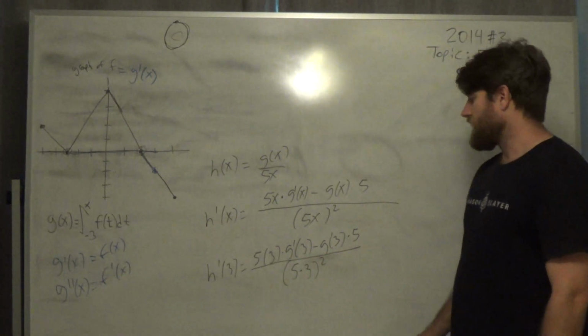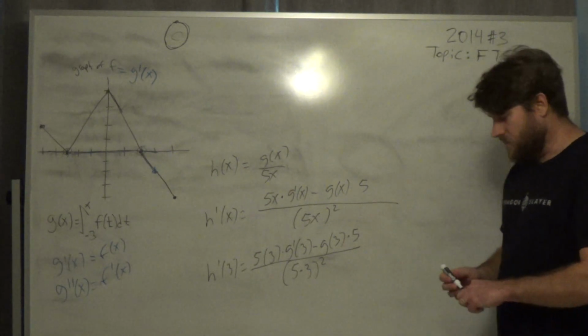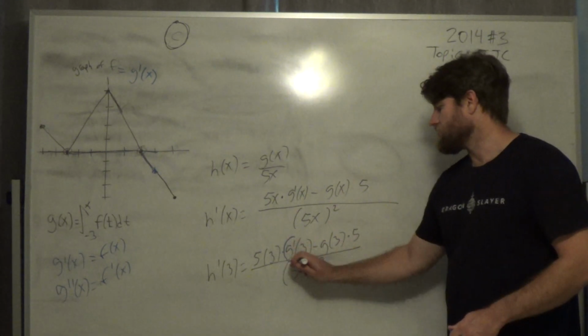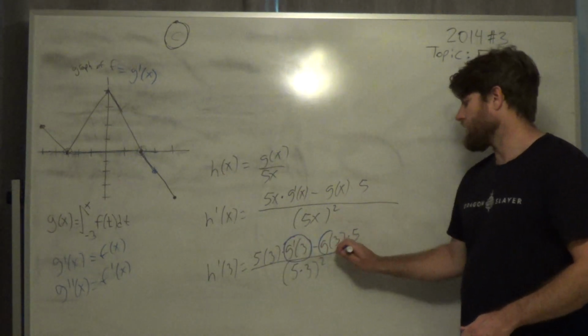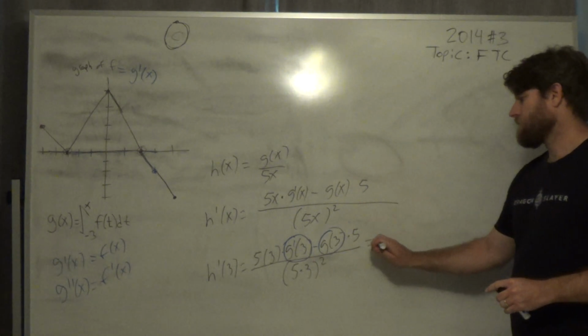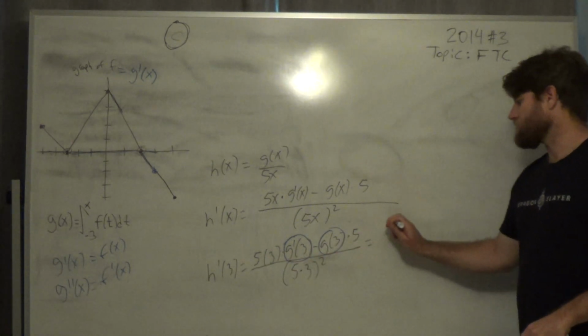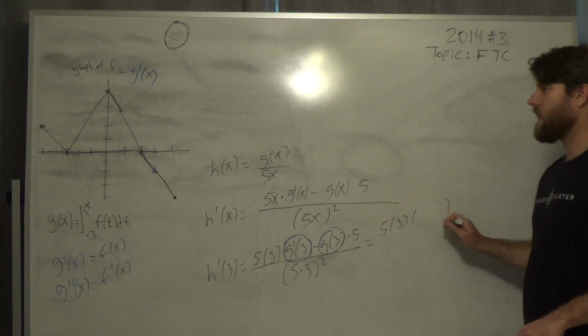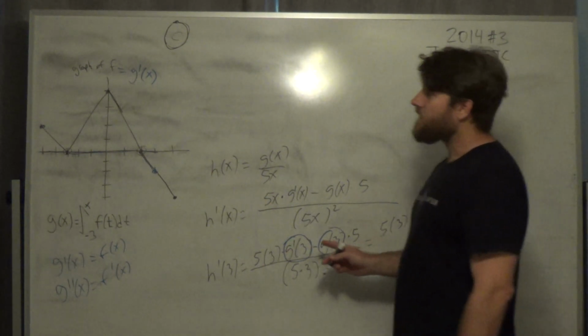Okay, so to answer this question, we only need to find two things. What is g prime 3 and what is g of 3? So we have 5 times 3 times, and we need g prime 3. Now folks, what graph is this?